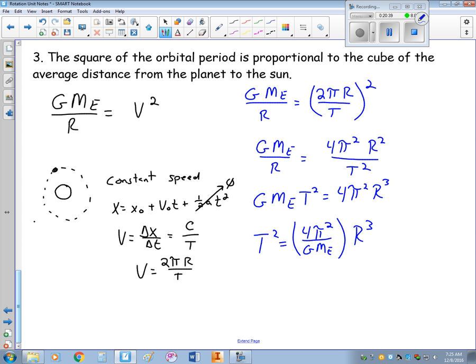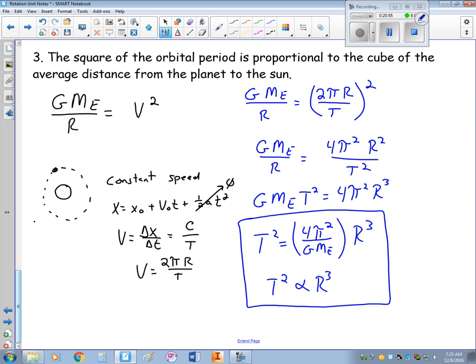So 4 pi squared, G, mass of the Earth, those are all constants, so those get grouped together. And I want you to see that the orbital period squared is proportional to the cube of the orbital radius, which is the average distance between the planet and whatever's orbiting around it.